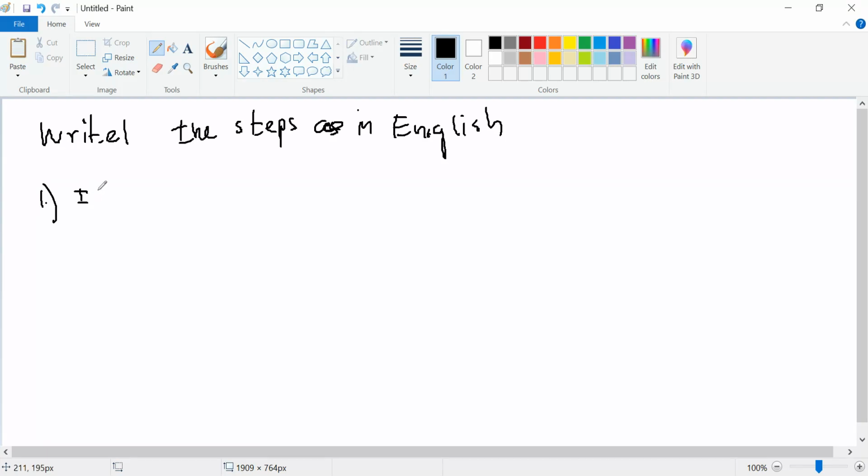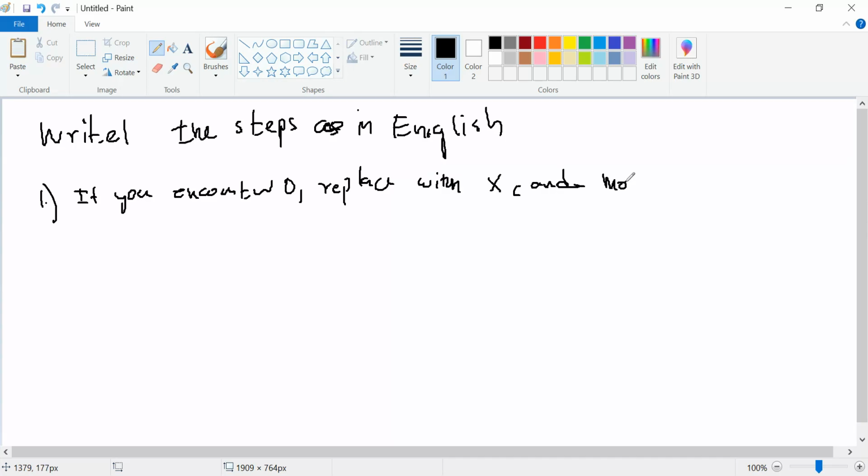Like if you encounter zero, replace with x and move right. So I'm just showing you one step. So you can write all the steps in English so that the person who's reading your answer paper knows for sure that you know how to do this, because notations can be different, right?